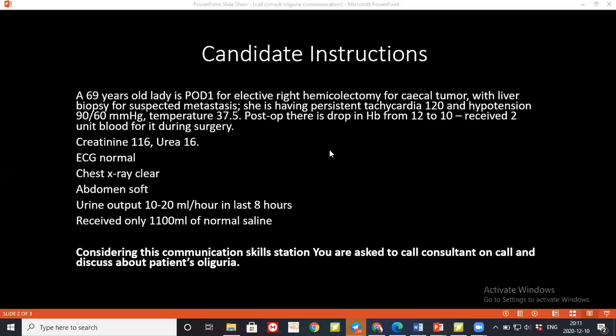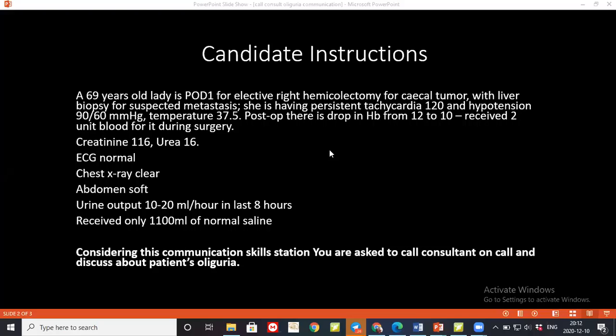Yes, sure. Mrs. Zain, 69 years of age, was operated for an elective right hemicolectomy for a sickle tumor, and on her first POD she developed oliguria, 10 to 12 ml of urine output for the last 8 hours, and she has been tachycardic and hypotensive.